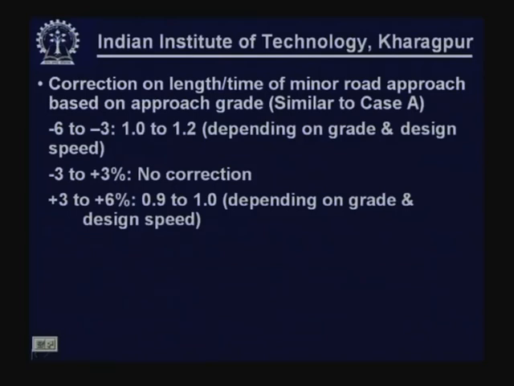Similarly, the correction factor for +3 to +6% grade will vary from 0.9 to 1.0, again depending on grade and design speed. This is similar to what was used for case A, so a similar correction is applied here also.